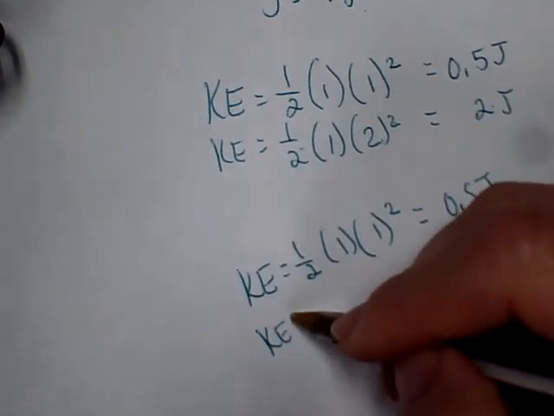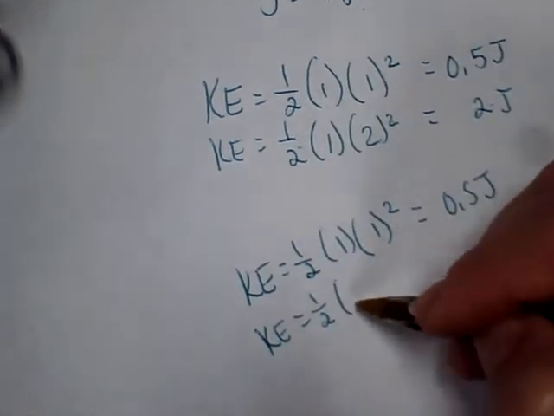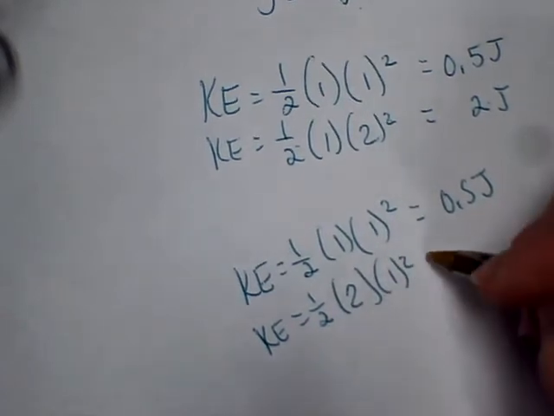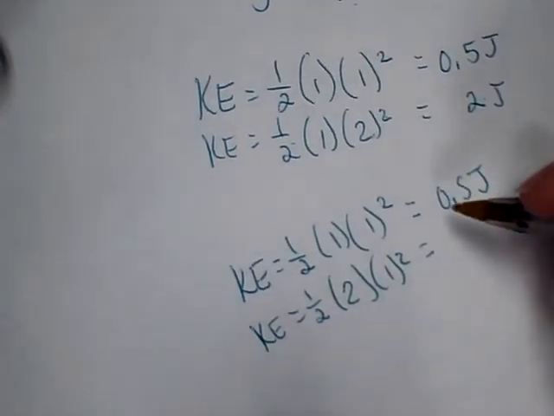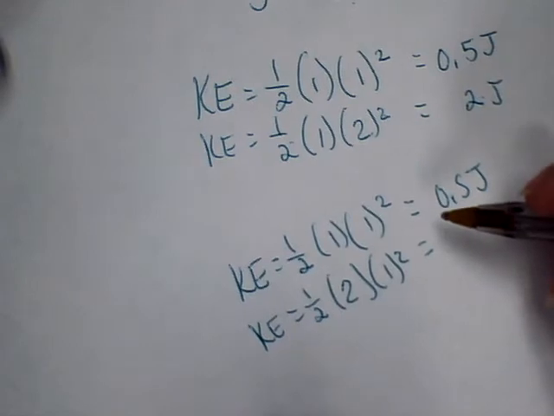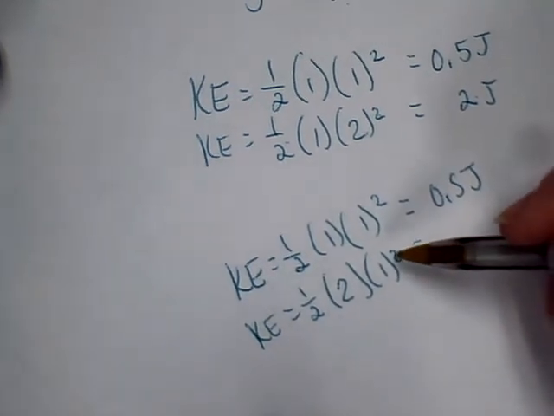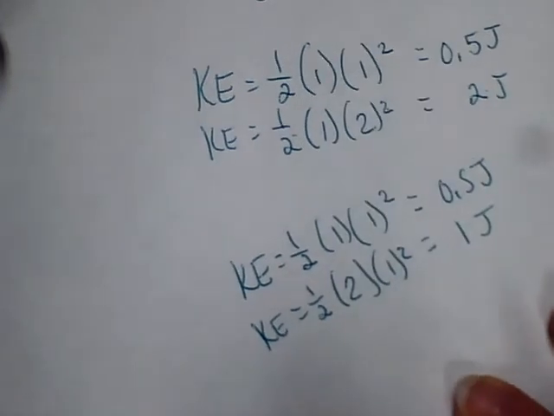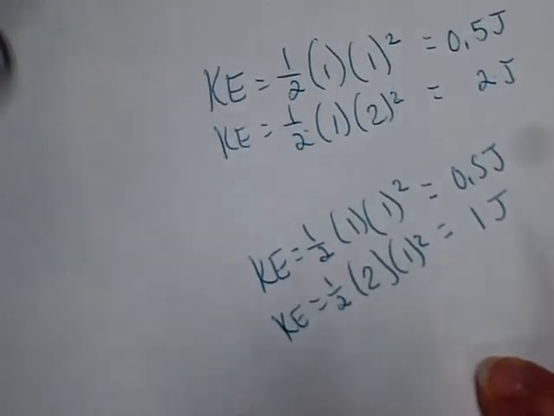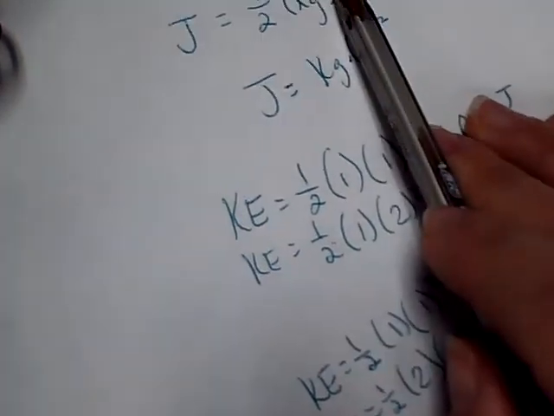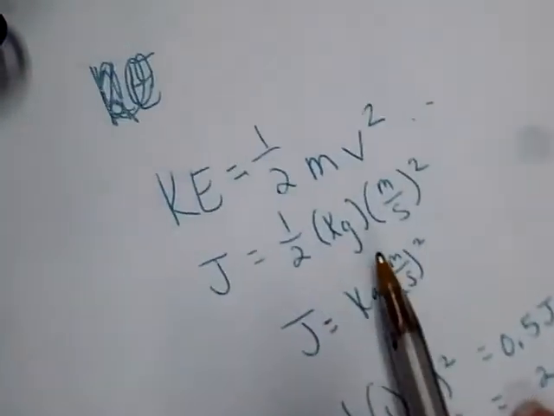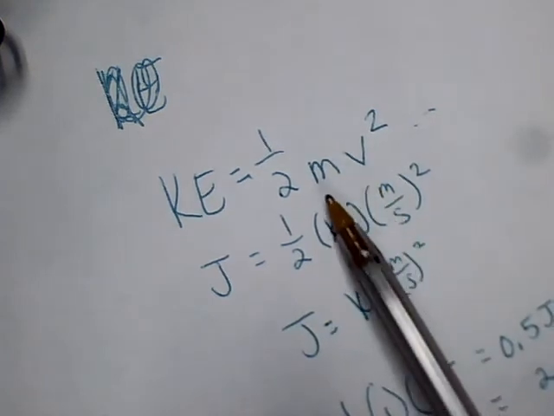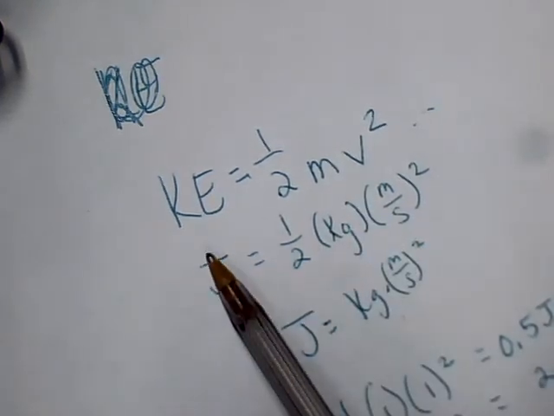And again, if we change the mass to 2 and keep our velocity the same, then we also get an increase, and it's going to be 1 joule. So I just want to show you how important mass and velocity are to kinetic energy, as you can tell from the formula. If you increase either of these, then you're also going to increase kinetic energy.